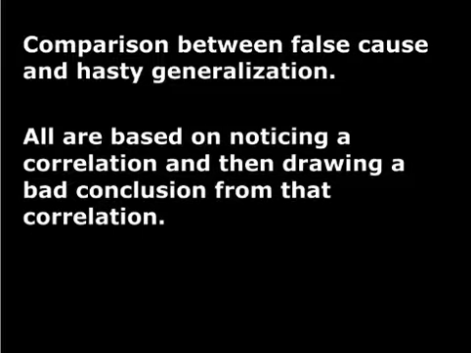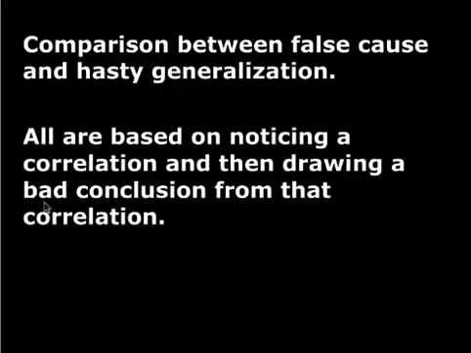So some arguments might commit both fallacies. But here's how you distinguish them. Well, first off, here's why they seem confusing. All of them, false cause fallacy, hasty generalization fallacy, they're based on noticing a correlation and then drawing a certain kind of bad conclusion from that correlation. That's what they have in common.